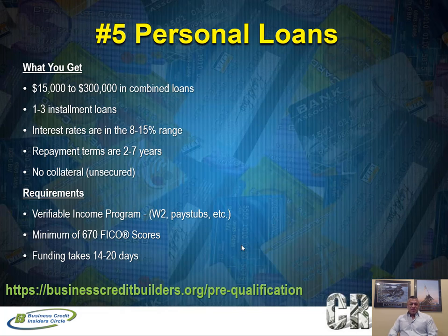But remember that this also accomplishes something else for you. When you get an installment loan with the bank, let's say you have 1 or 2 installment loans that we set up for you. That's 1 to 2 more banking relationships that you have with those banks. So when you approach those banks for another loan, guess what? Your process is going to be instant. You don't have to come to us at that point.